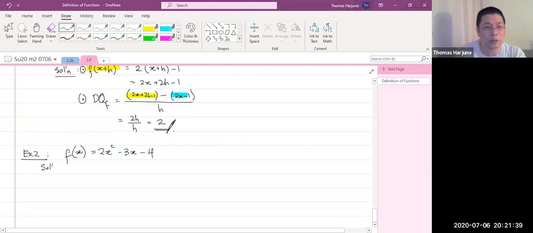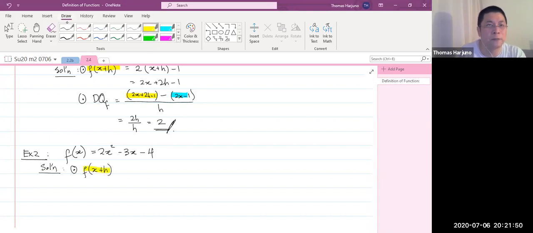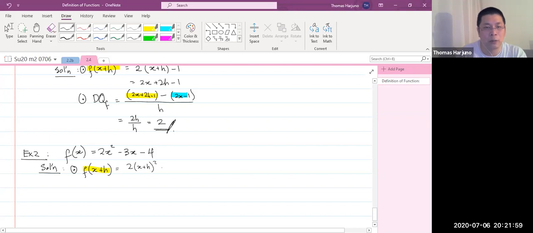Solution. What I would like to do first is to simplify the yellow part first. The first term on the numerator is 2 times (x plus h) squared minus 3 times (x plus h) minus 4.